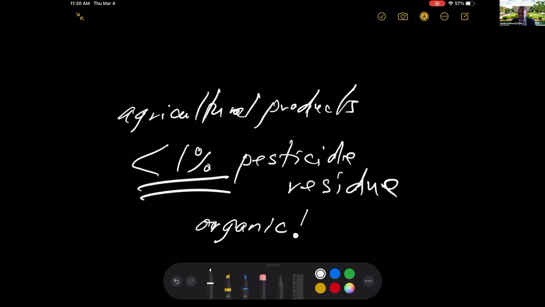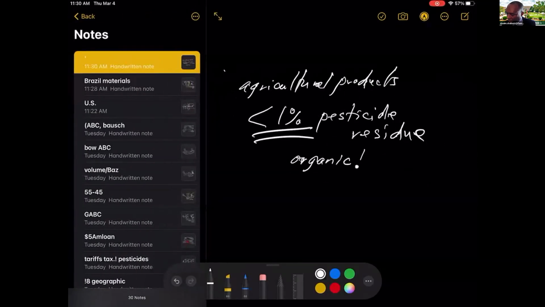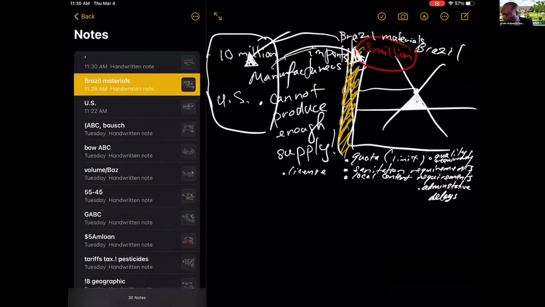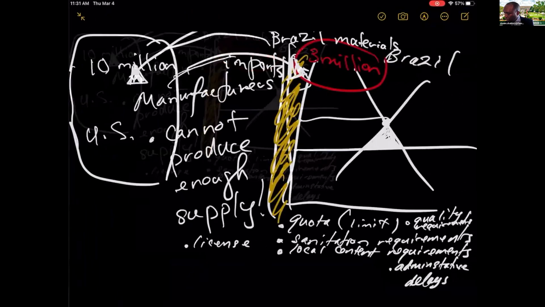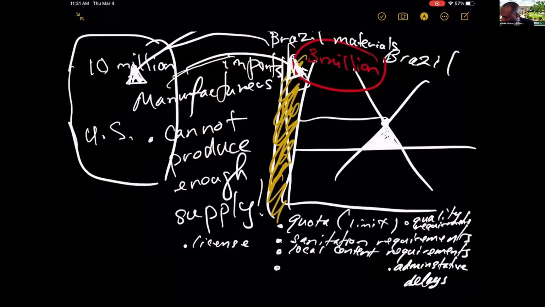What other kind of barriers do you have? Sometimes you have a nationalistic barrier. You have nationalism.